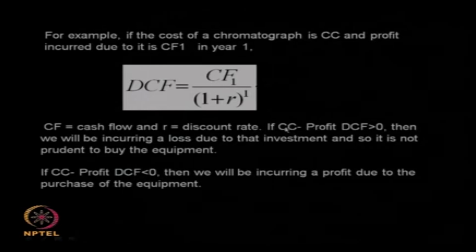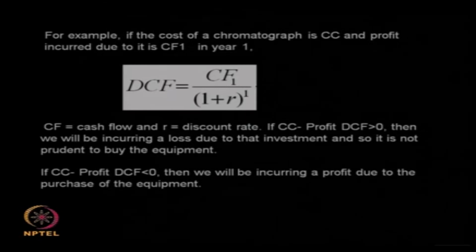You do not subtract Cc directly by Cf1 because Cf1 is the money I am going to get next year, whereas Cc is the money I spent today. So Cf1 has to be recalculated as a DCF using this formula, and of course DCF will be less than Cf1 because you are dividing by 1 plus r, and then see whether it is a profit or a loss. This is how you calculate cash flow based on the DCF formula.